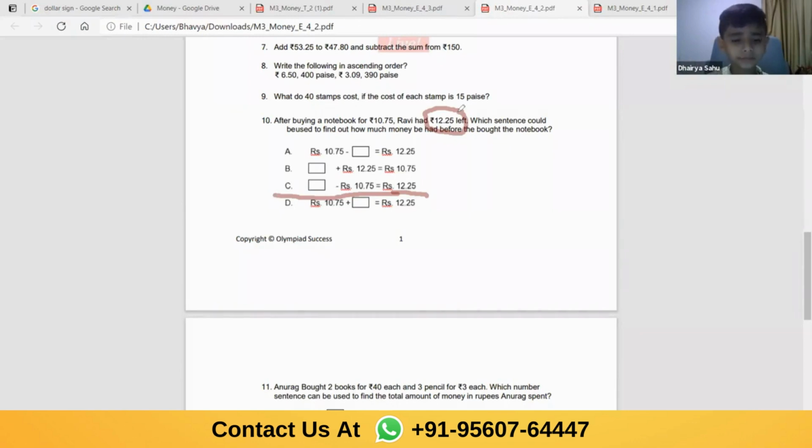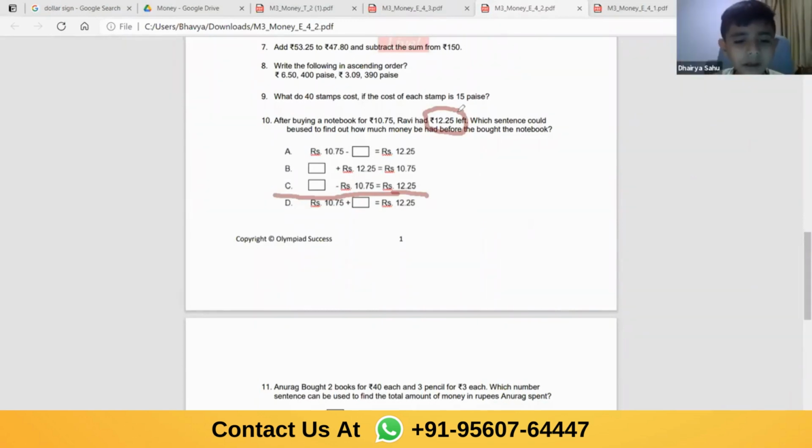Now they are saying he is left with 12 rupees and 25 paise. So the word left is the keyword of subtraction, and in option C there is subtraction. So the answer is C. Now my question is, can you tell me how much money he had before he bought the notebook?